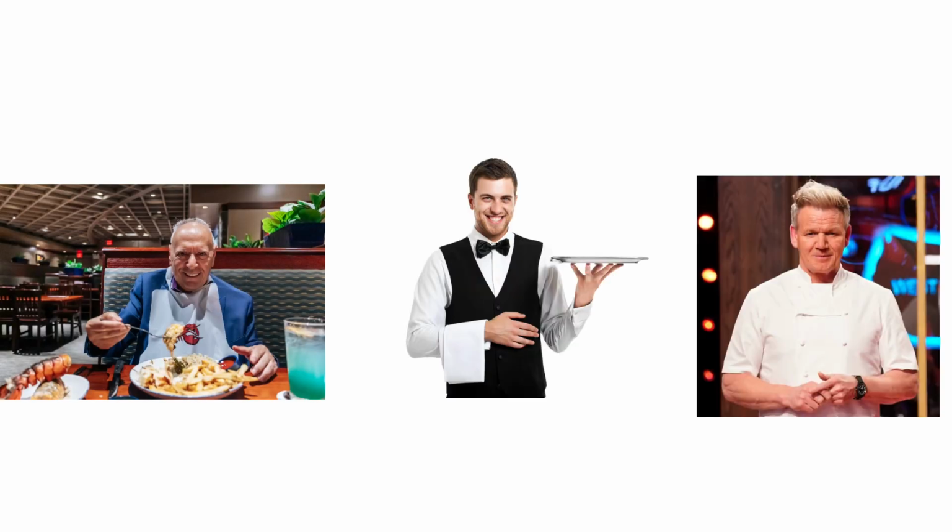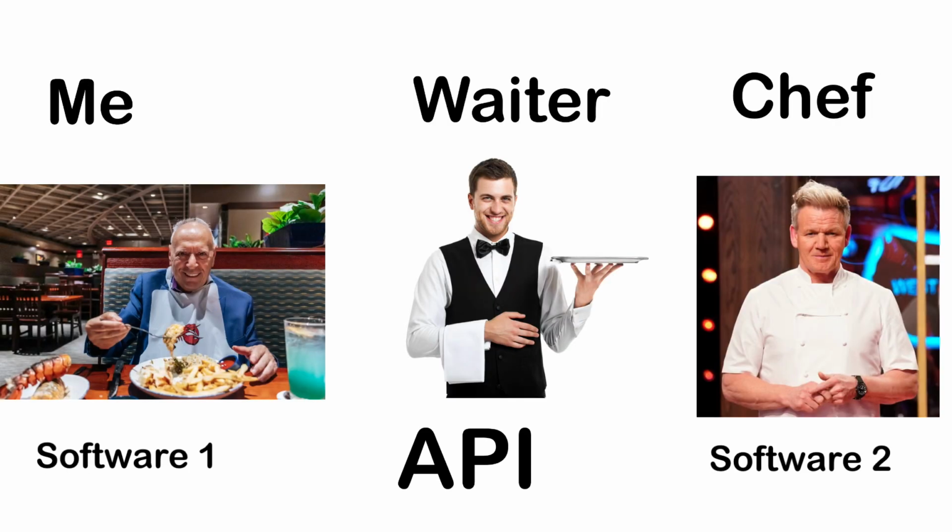In this situation, the waiter is an API. I gave information to the API to communicate to the chef in the kitchen. The waiter gave my order to the chef in the kitchen. The chef acknowledged that they received my request and then gave me back the food I requested. That's the same way an API works. One piece of software sends information to another piece of software.